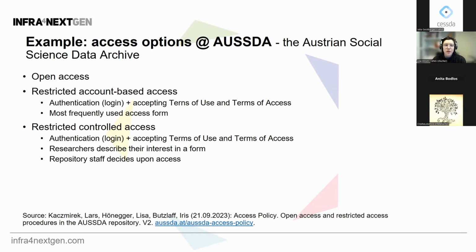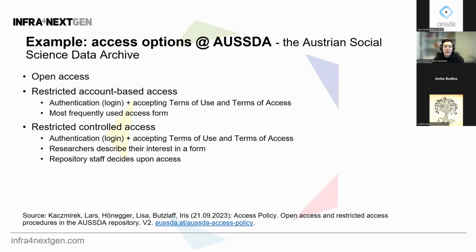And for the restricted account-based access, as the term already says, as soon as there is an account, access is granted after the users are accepting the terms of use and terms of access. And that is the most frequently used access form we provide.